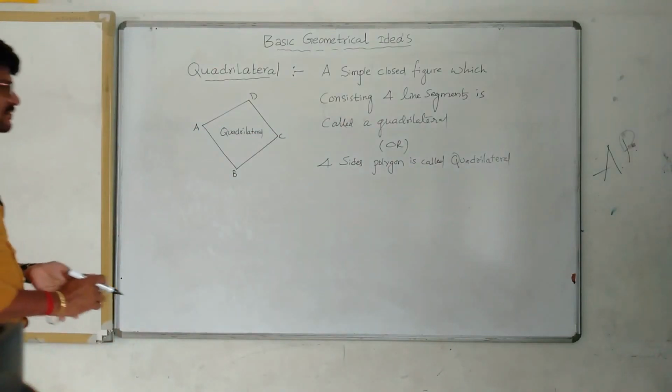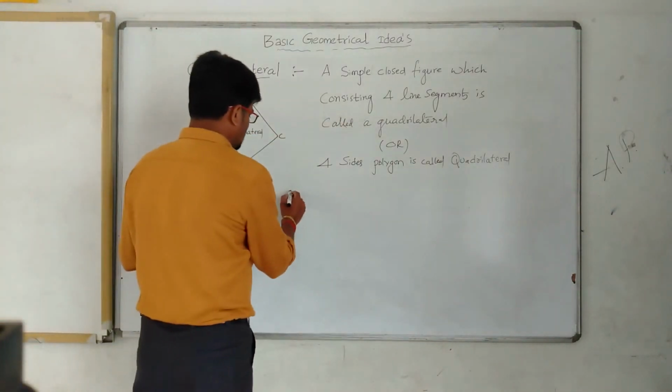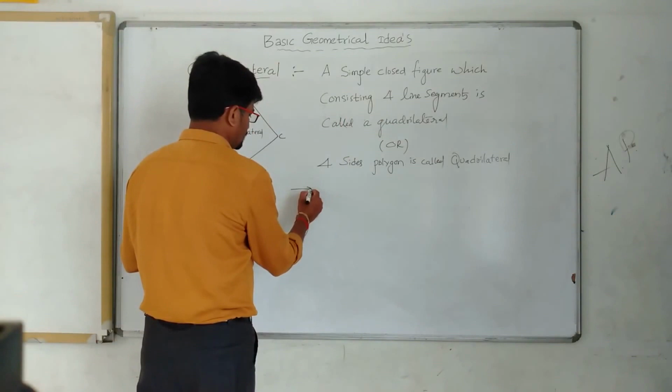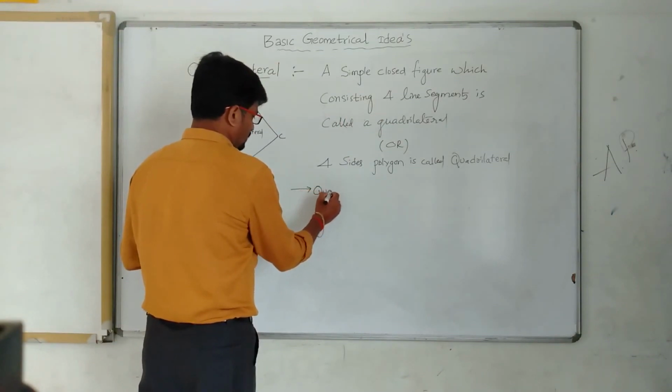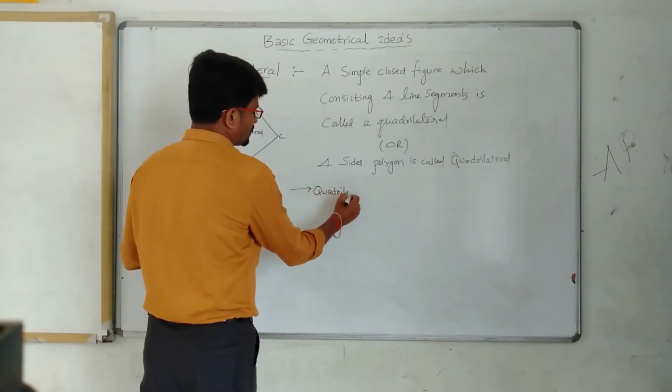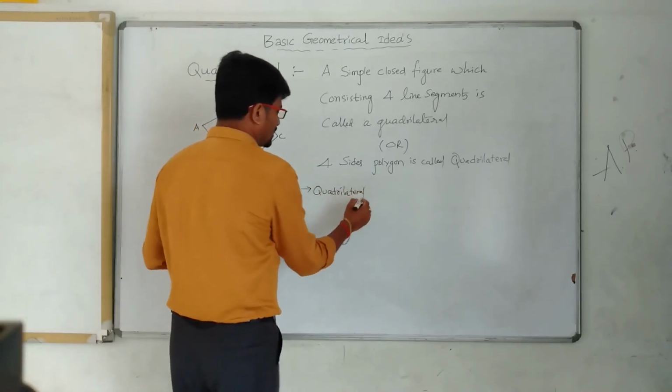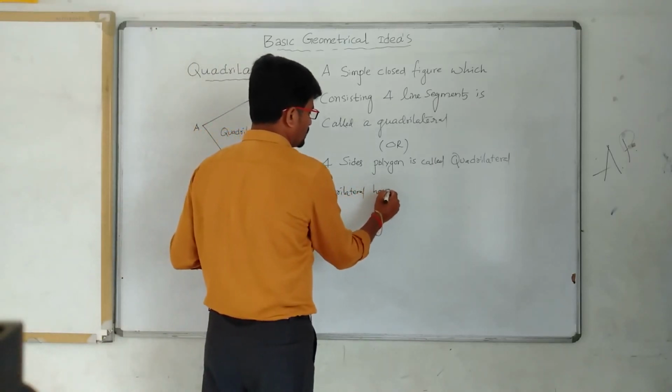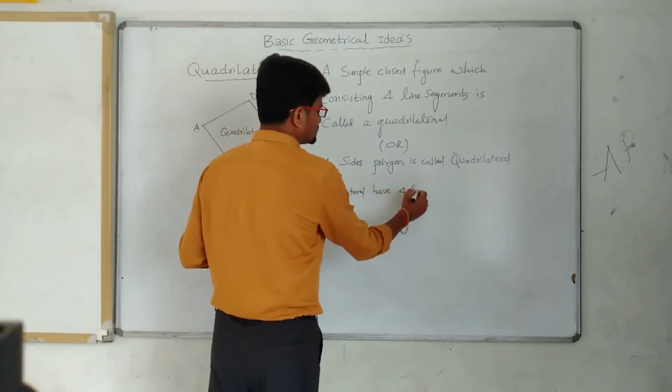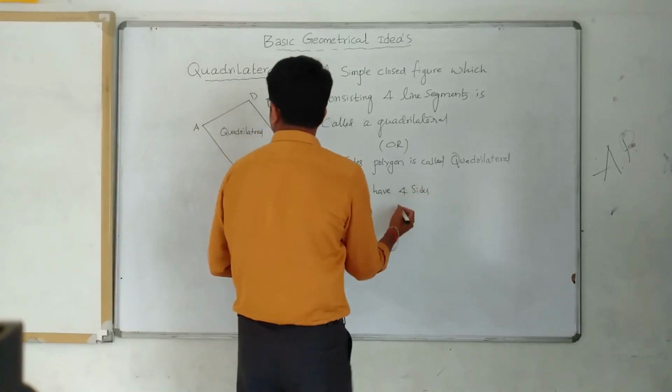Now first one, how many sides does a quadrilateral have? A quadrilateral has 4 sides. What are those?